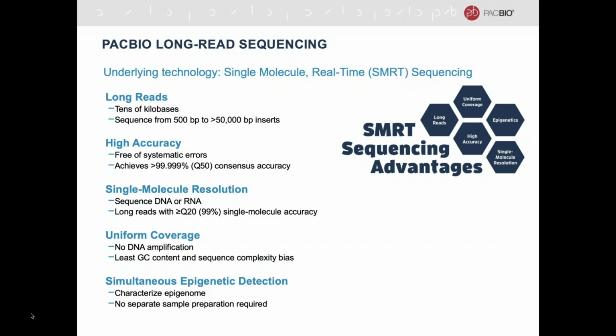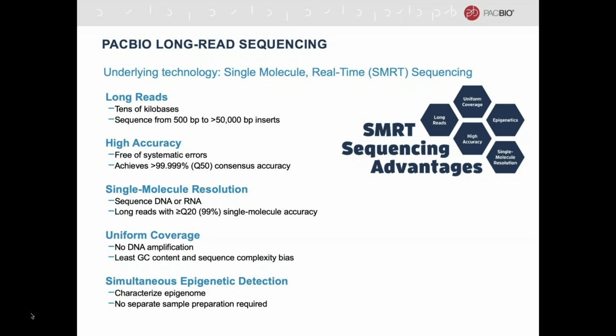And also, compared to other technologies, PacBio is going to have very uniform coverage across any species that you're working with. There's no DNA amplification that's required either before sequencing or on the system itself. And we're going to be able to provide the least amount of GC content and sequencing complexity bias.